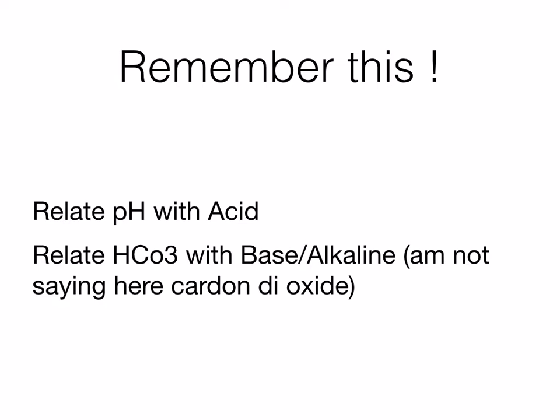So lime has the lowest pH, so it means it's highly acidic. But in our body, it's not acidic because when it gets mixed with our gastric juices, it becomes alkaline. So the more the pH number decreases, the more acidic a solution is. This is the simple thing you need to remember.